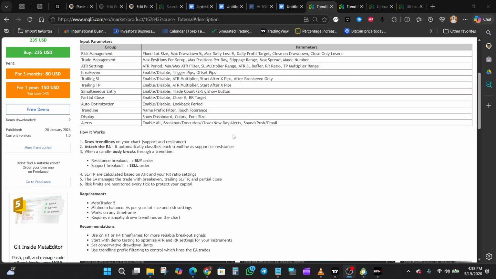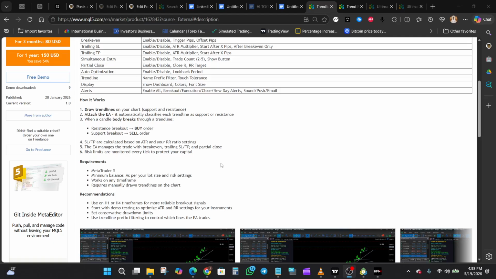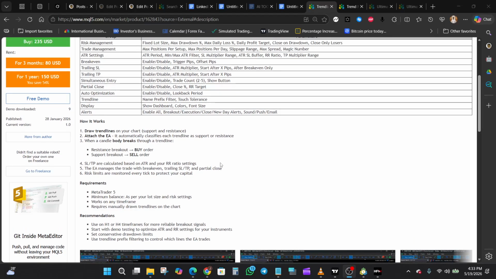So there is also a trade management section where you can control things like maximum positions per setup and per day, slippage limits, spread filters, and all of that.